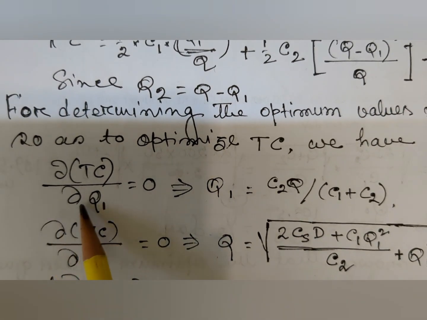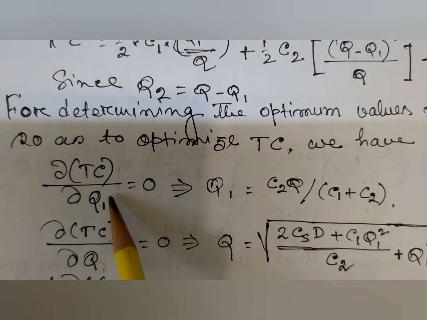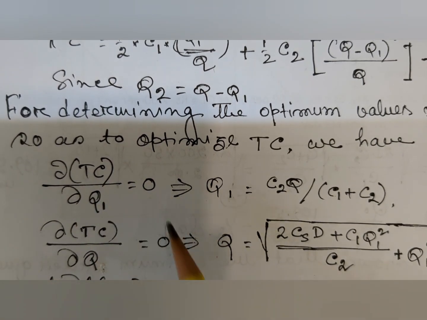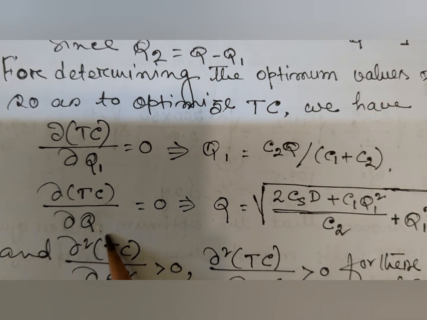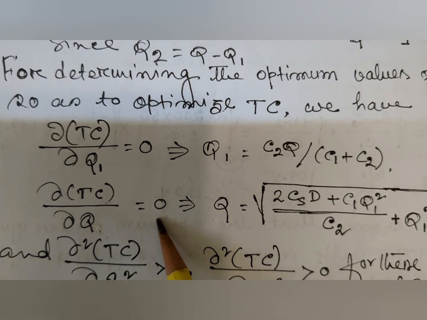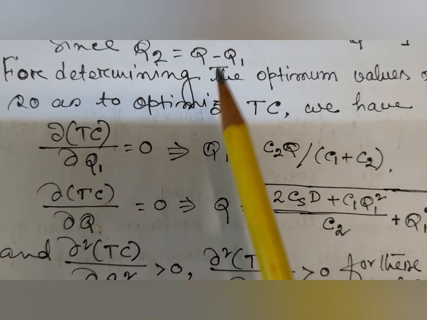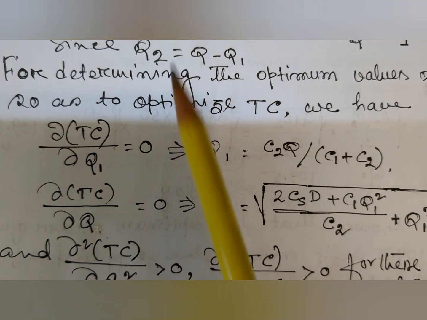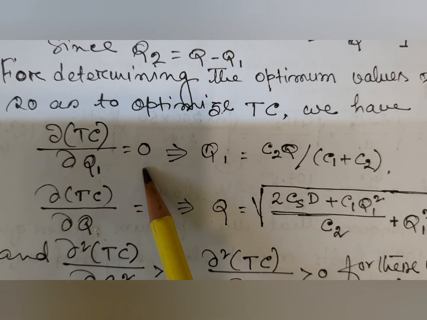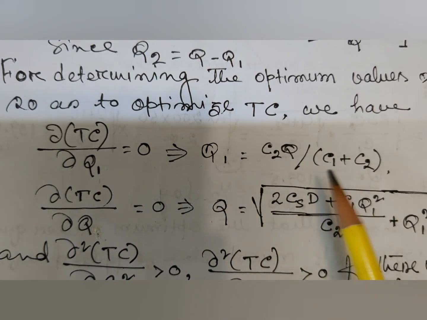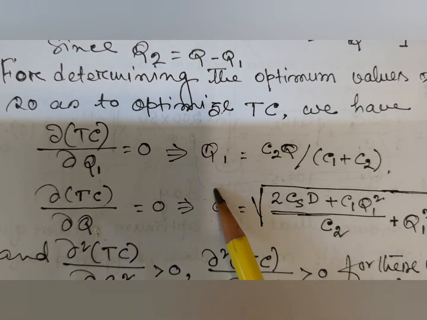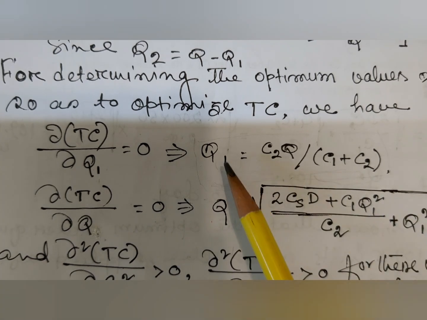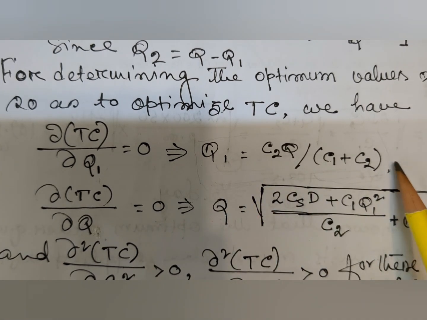The basic condition for optimization is delta TC by delta Q1 equal to 0, and the other condition, delta TC by delta Q with respect to Q, will be 0. If you differentiate this total cost function with respect to Q1 and put it equal to 0, then after simplification, I am not going through the mathematical process, it will take time. This is an applied subject, that's why after simplification only the formula is being written here.